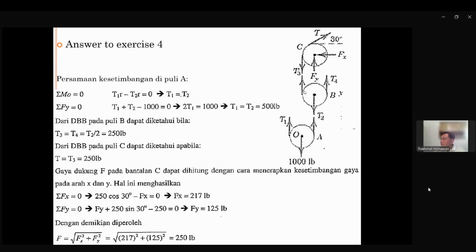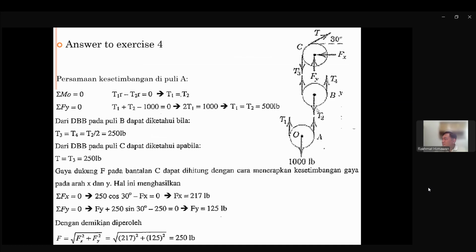And since this is T4, this one also has T4. And we have two T4 going to the top. And then we have T2, T2. Okay. This is T3, this is T4, this is T2, this is T1. I hope it's clear.